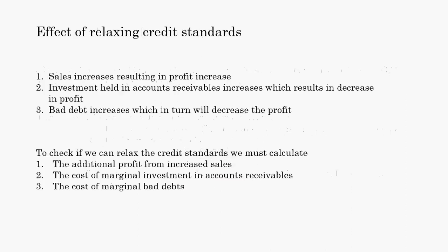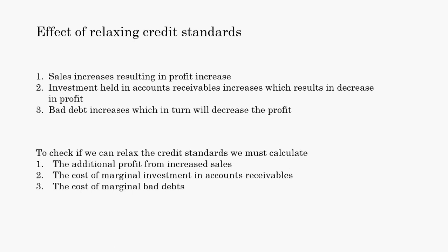When you consider the credit standards, there are certain effects if you change the credit terms that you are generally offering. So for example, let's consider that you are offering a credit period of 30 days now, and you are planning to extend the credit days from 30 to 45 days. If you are doing this, effectively what you are doing is trying to relax the credit standards.